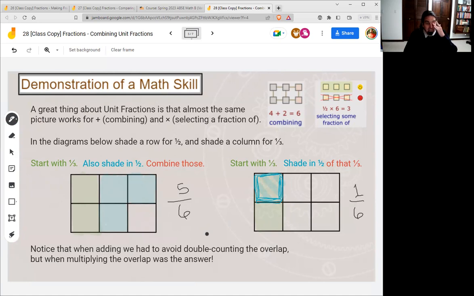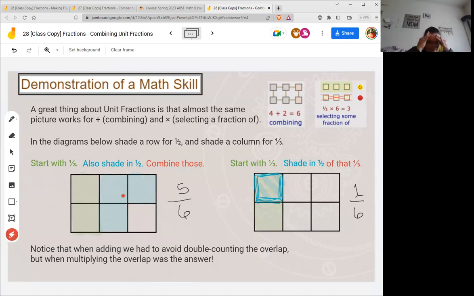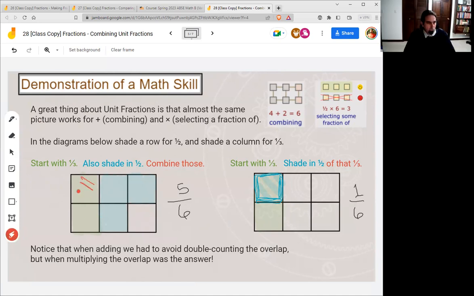When adding, we had to avoid double counting the overlap. If we had tried to shade this one blue, we would have double counted this. But since we're combining, we can't double count things. This was already counted. We need to combine it with new stuff. When we're multiplying, what's half of a third?